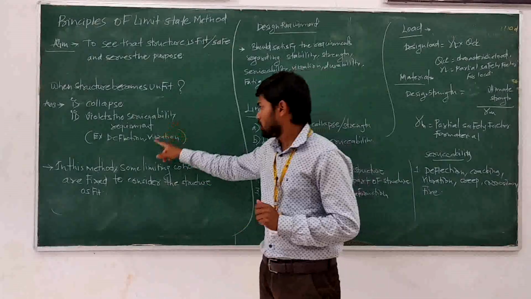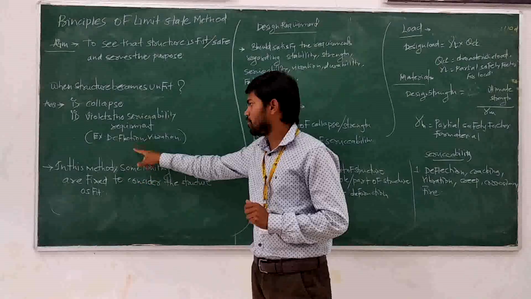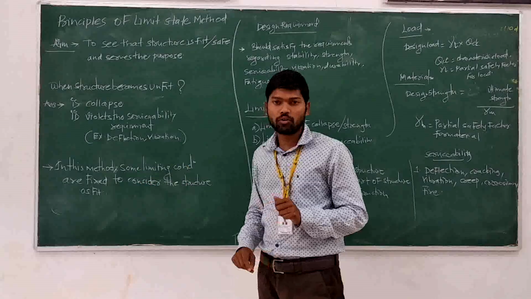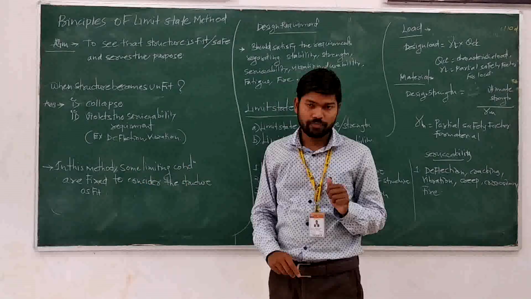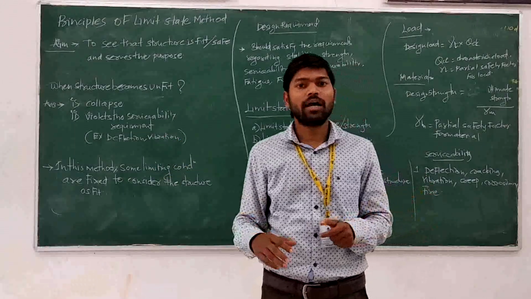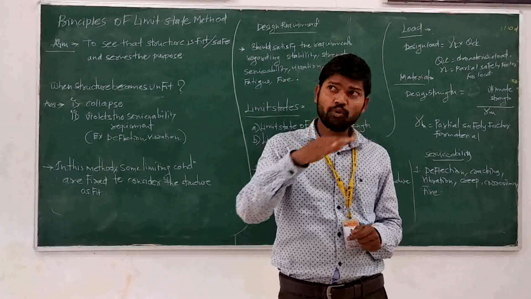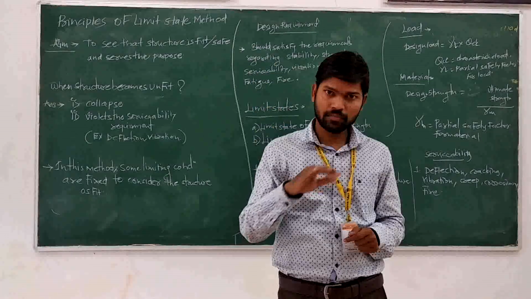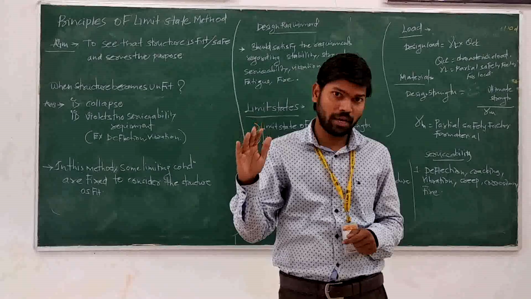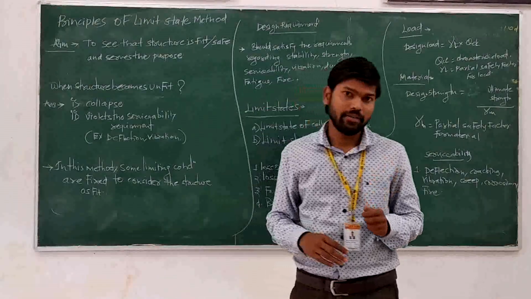What are the examples of serviceability requirement? Deflection, vibration, corrosion, creep. See, if you consider any classroom, and at the middle of the classroom there is a huge deflection of the slab, and this deflection can be seen by the naked eye.